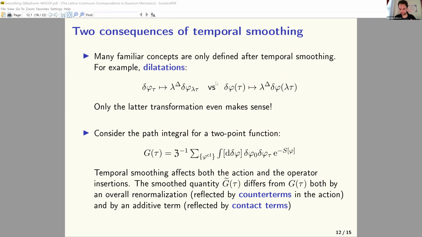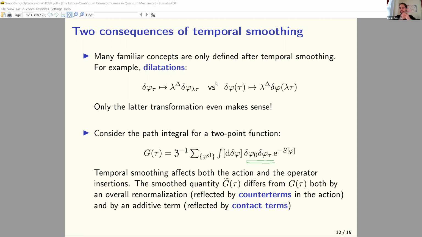Another thing, and I'm nearing the end of the part that I have allotted for this talk. Another thing that you have to be very careful about is what happens when you start calculating 2-point functions. If you start from a microscopically defined 2-point function with operator insertions at some points 0 and tau, let's say, then temporal smoothing means that you need to smooth both those and the modes that are in the action.